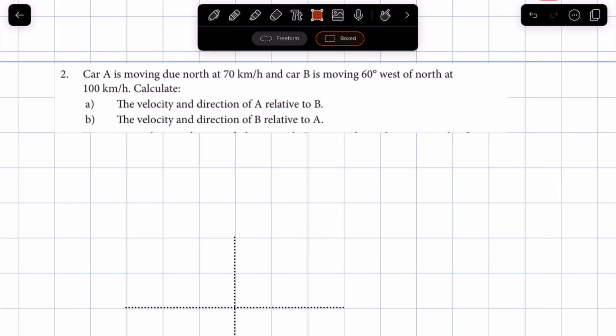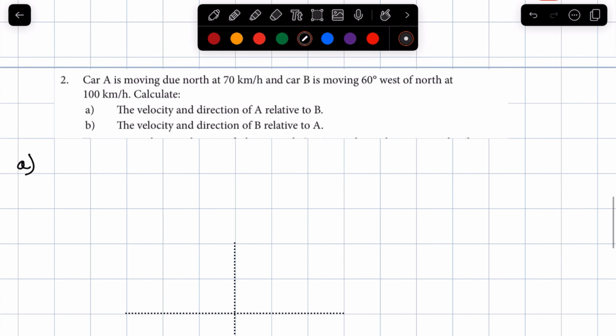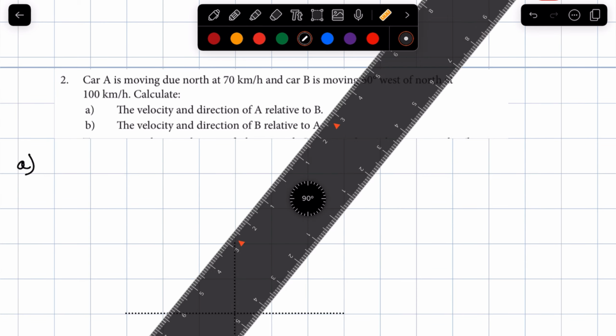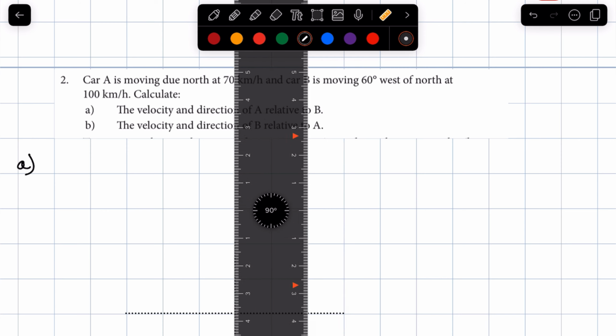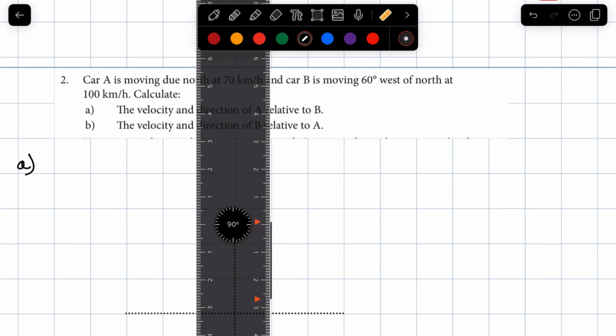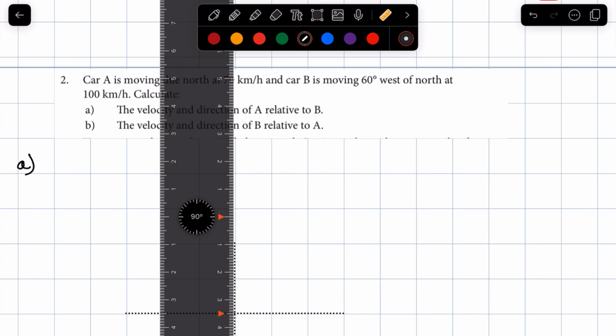Now, for A, our object is object A, right? And they said car A is moving due north at 70 kilometers per hour. So we're going to draw that exactly how it's been given in the statement.